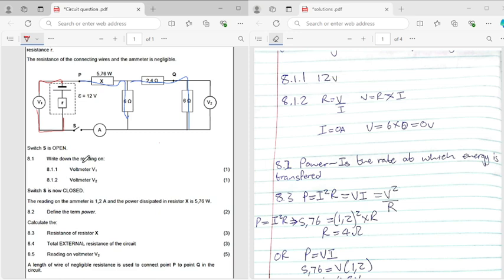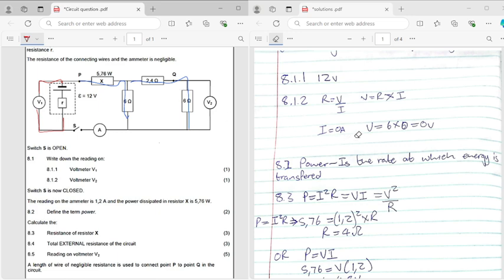The next part says we should calculate for voltmeter V2. So for 8.1.2, when you look at V2, where's V2? V2 is here. Remember that switch S is still open, so there's no current flowing here, which means the current is 0. So V2 reads 0 volts.